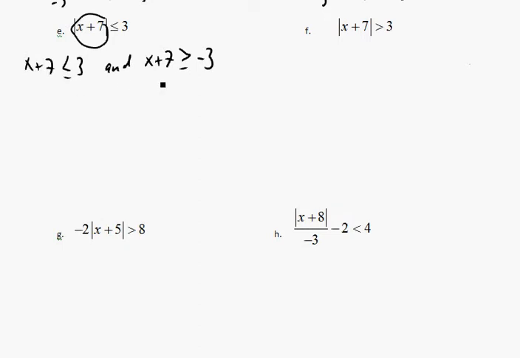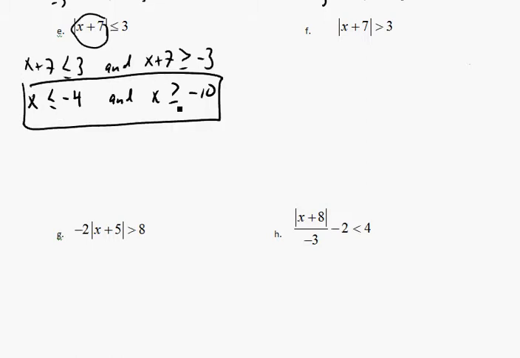Now that we have these two inequalities, we can solve each of them one at a time, each by subtracting 7 from both sides. So we would get here x is less than or equal to -4, and here x is greater than or equal to -10. So this compound inequality is our solution to this absolute value inequality.